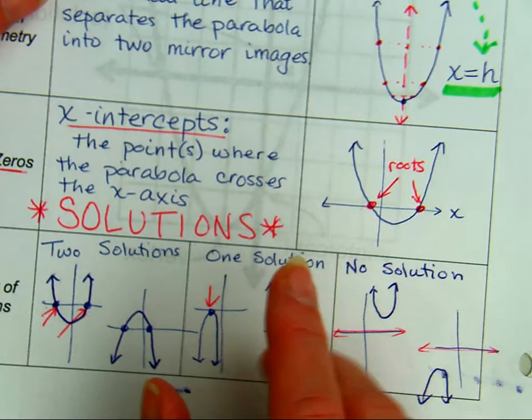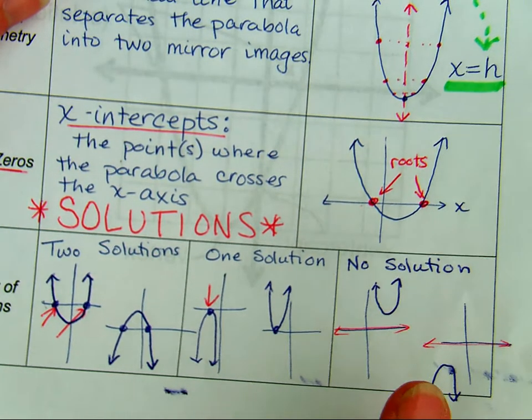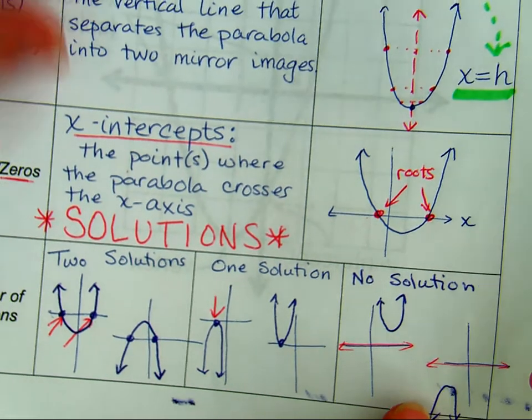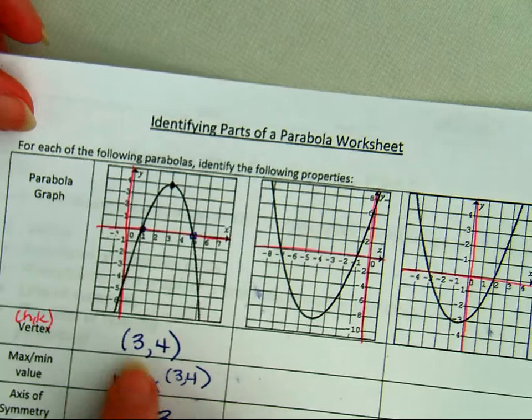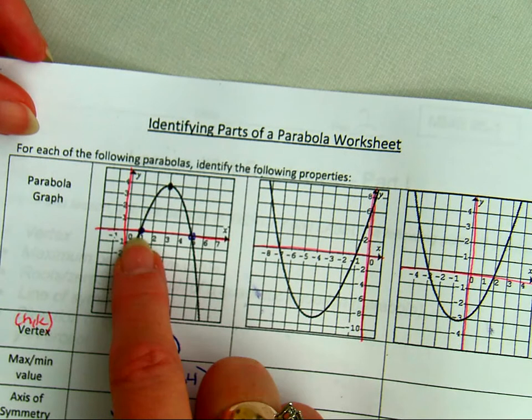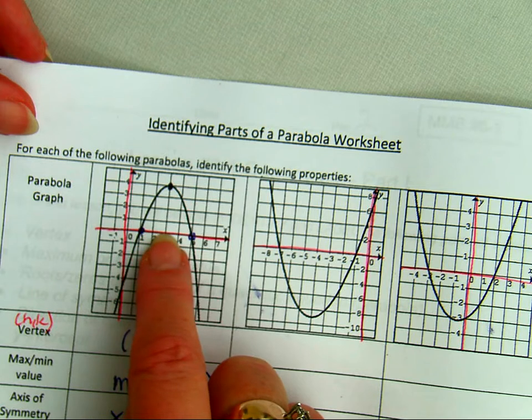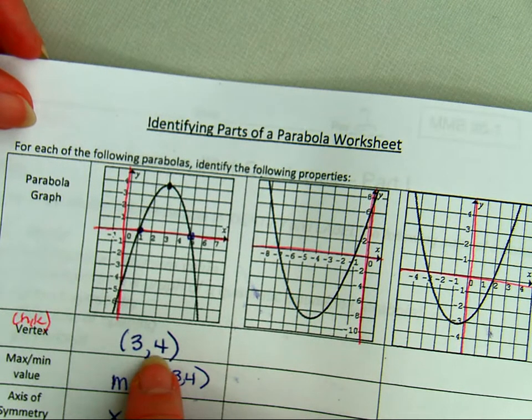So let's go ahead and look at the next page and look for the parts that we've talked about on a graph. So the first thing we're going to look for is the vertex. And so I'm going to go over 3 and up 4. And we have the point (3, 4).